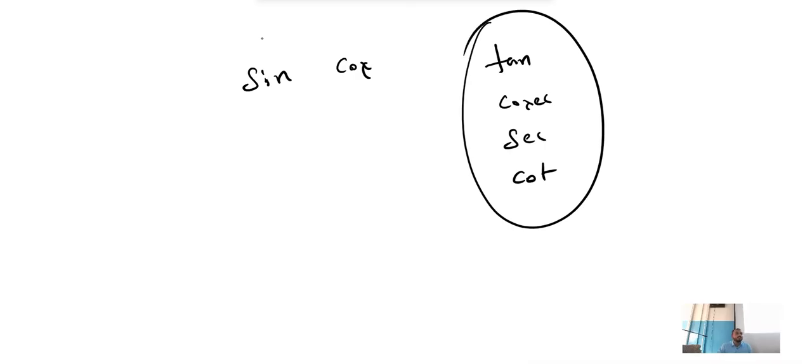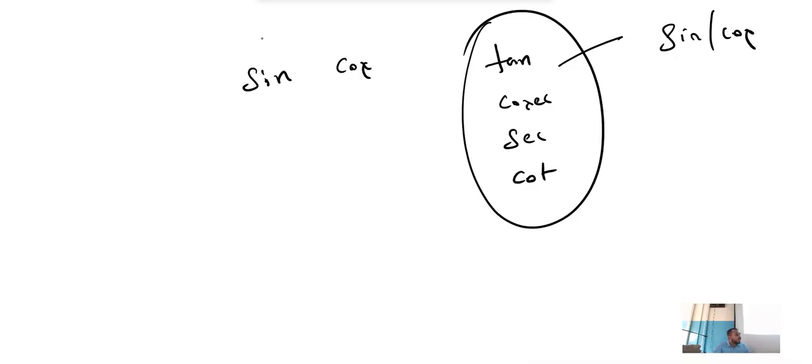In case, in any problem, if you see the word sine, keep it as it is. Don't do anything. This is the first logic. If you see the word cos, don't do anything. Keep it as it is. If you see tan or cosecant, secant, cot, anything, please change these terms in terms of sine or cos.